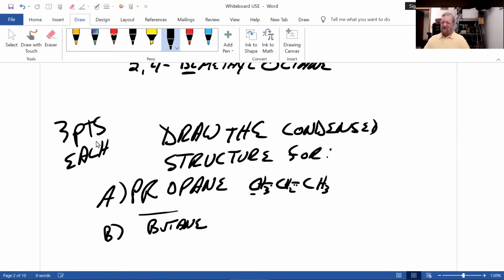And I'm going to let you have some fun too. Why don't you draw the structure for butane? If you haven't learned the table for the IUPAC names, that's 4 carbons in a straight chain.